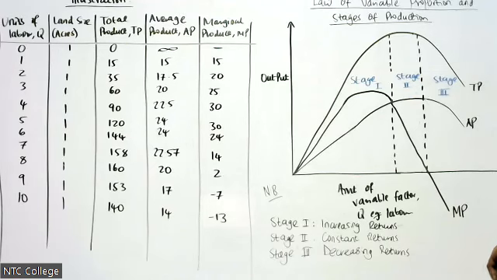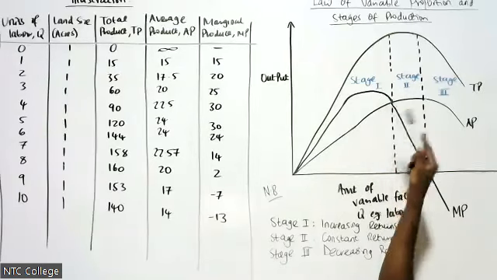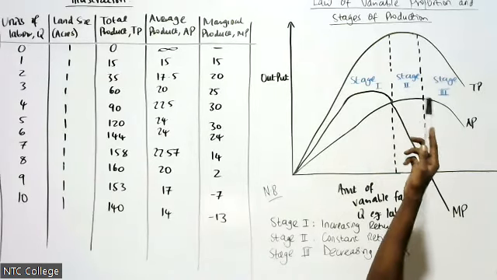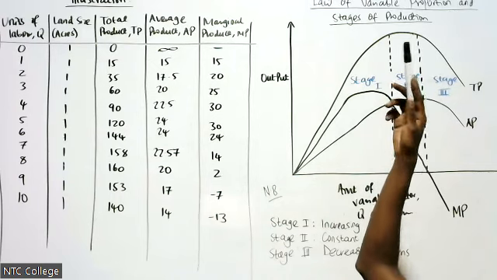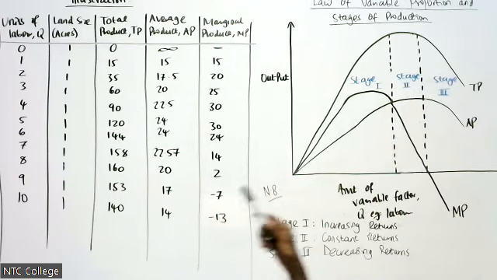Second stage. Yes, thanks. It is stage 2, because you are producing at maximum level and in a constant way. So just express that as the NB there.